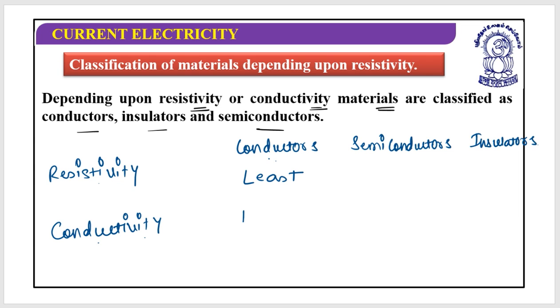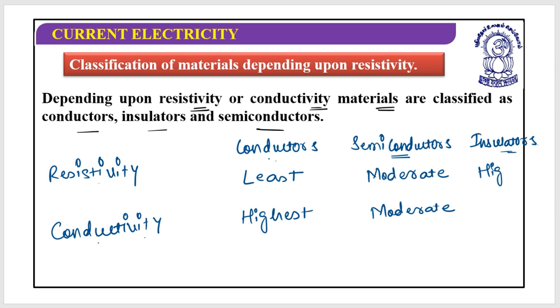According to conductivity, they have the highest conductivity among these three. Second, semiconductors: their resistivity, or resisting capability, is moderate, and their conductivity is also moderate. For insulators, resistivity is the highest and conductivity is the least.